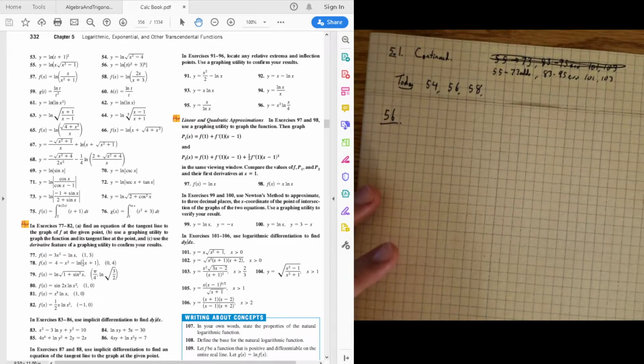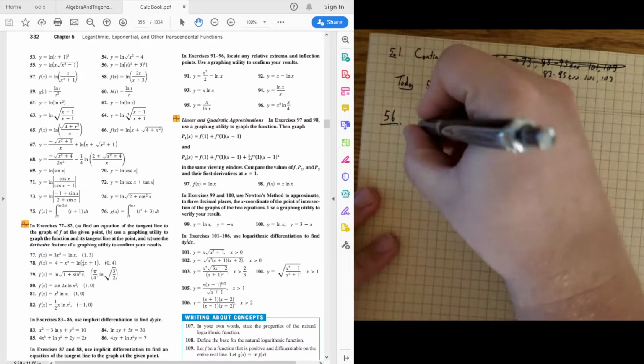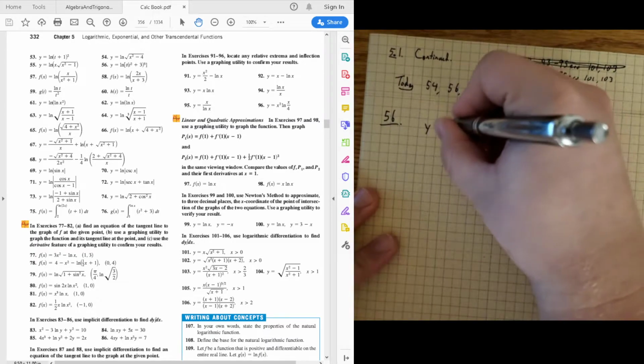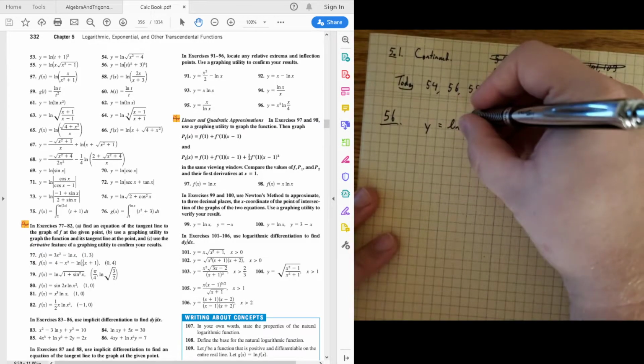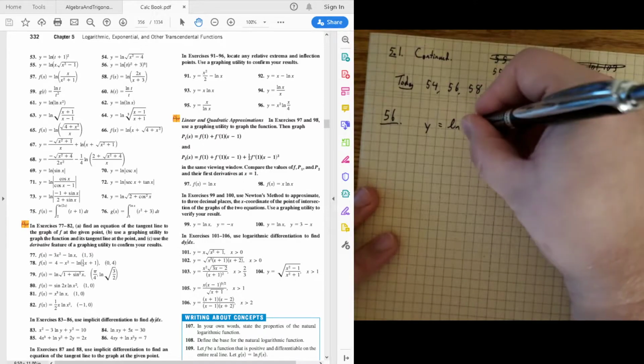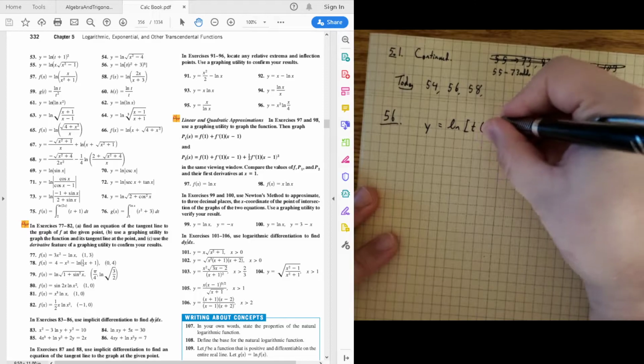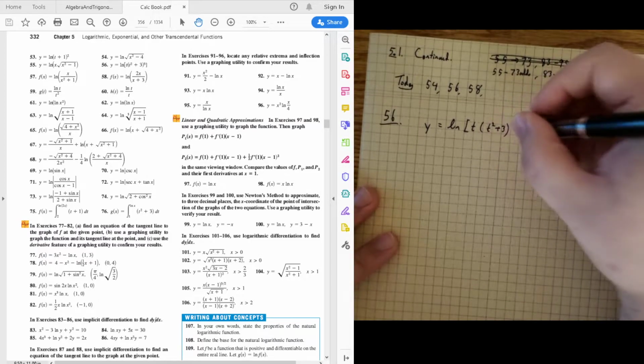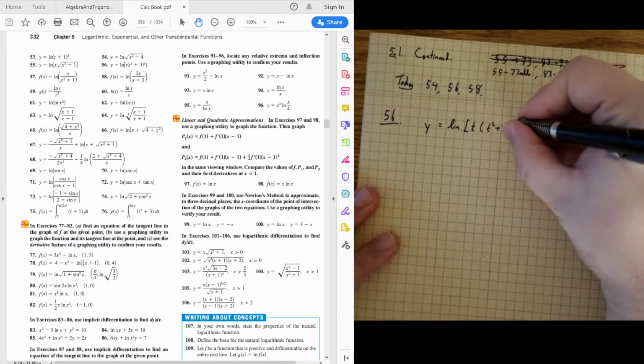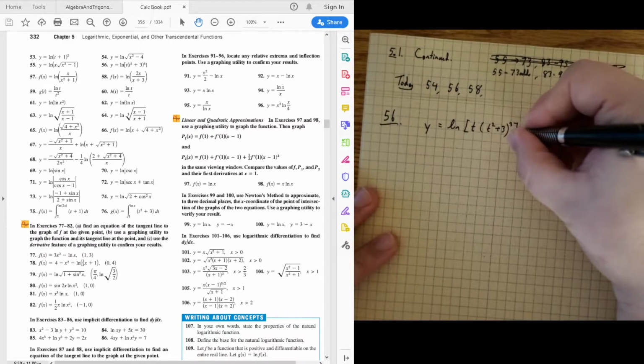Okay, 56. So 56 says y equals the natural log of t times t squared plus 3 cubed, close bracket.